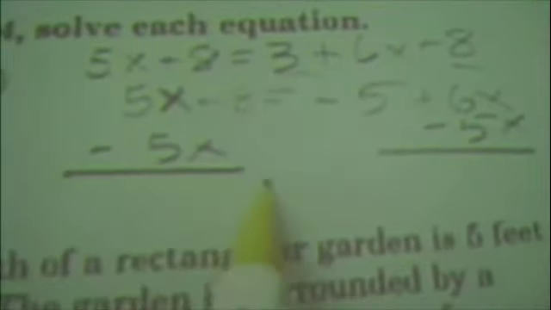Then I do not need variables on both sides, so we're going to transform the equation, and I'm going to subtract 5x. And 8 equals negative 5 plus x. I'm going to add 5, and x is 13. I apologize for running out of room here.